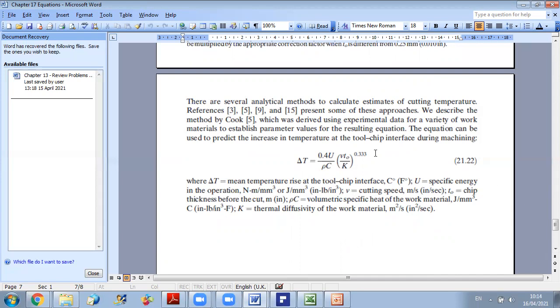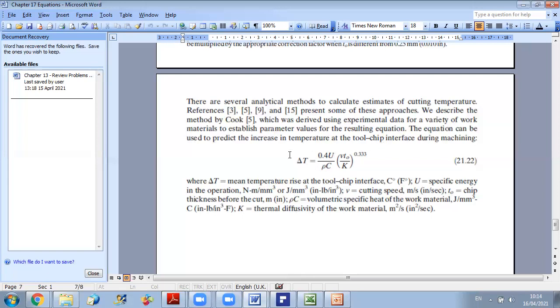So this is an empirical equation obtained experimentally, and it predicts the increase in temperature at the tool-chip interface during machining. You know that because of friction and contact between the two, we will have an increase in the temperature at the interface during the cutting operation.